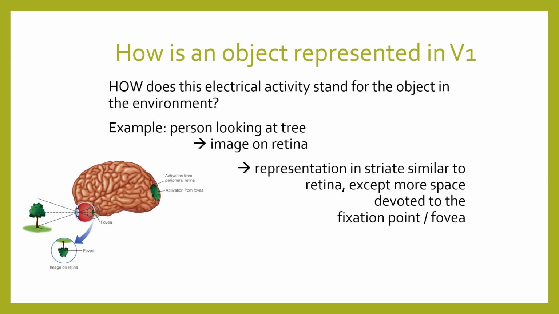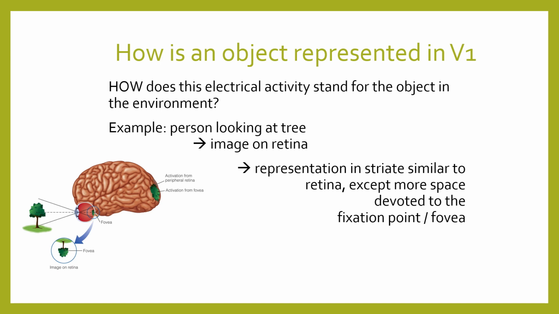So if we think about how an object is represented in V1, or the primary visual cortex, we are representing these features at particular locations. A person looking at a tree, we get the image of the tree on the retina. Representation in striate cortex, or V1, is similar to the retina, except we have more cortical space devoted to the fixation point, or the fovea.